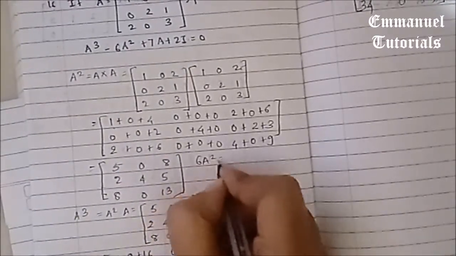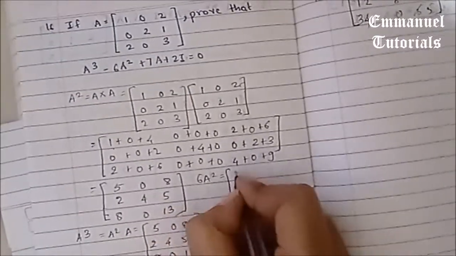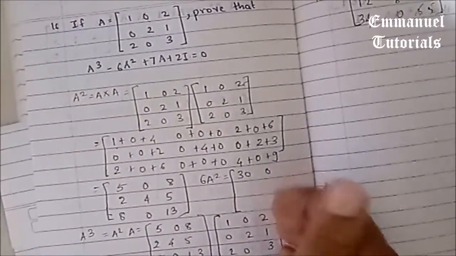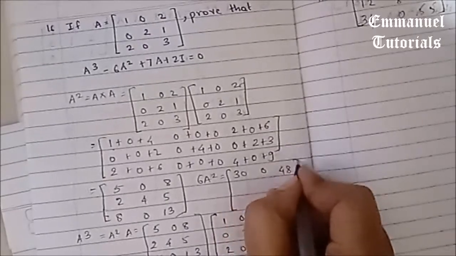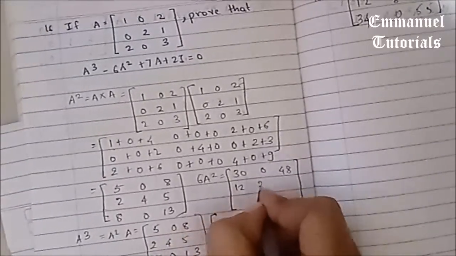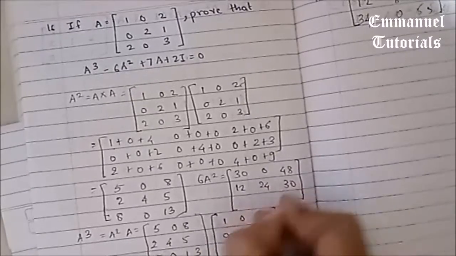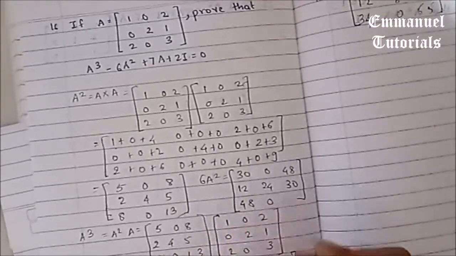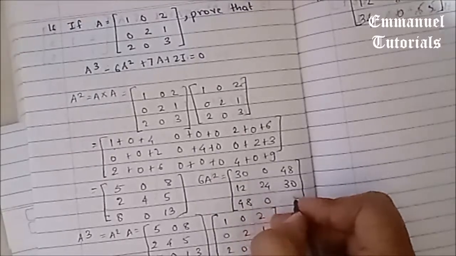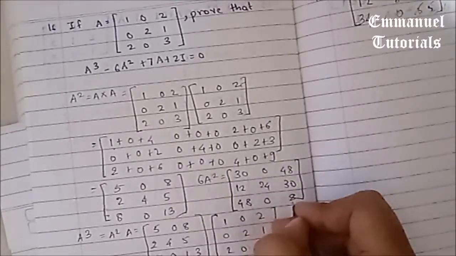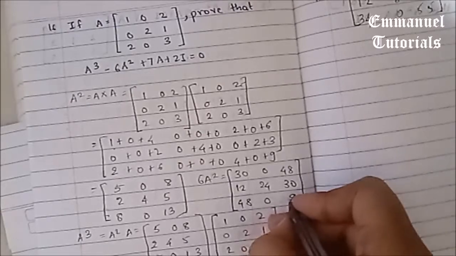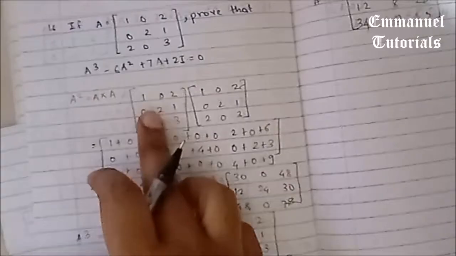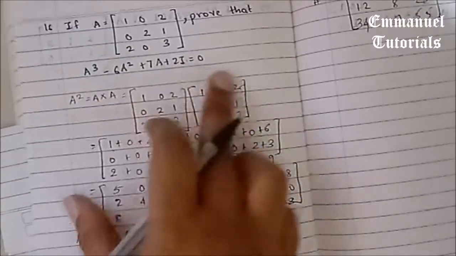So 6a square is equal to 30, 0, again 6 8s are 48, 6 2s are 12, 6 4s are 24, 6 5s are 30 again, 6 8s are 48, 6 zeros are 0, 6 13s are 78.